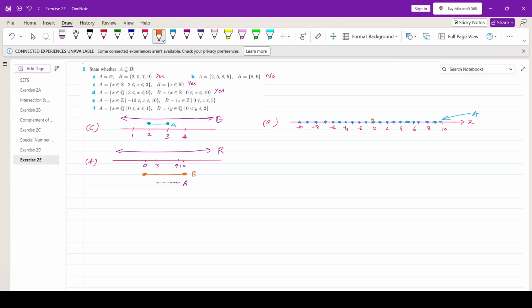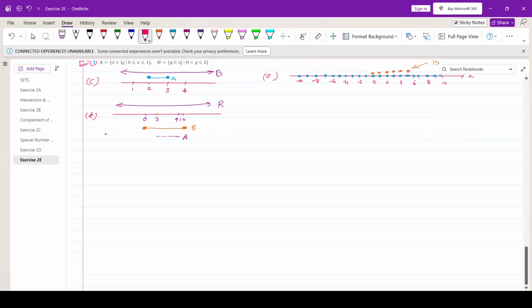So 0 to 5: 0, 1, 2, 3, 4, and 5. This is set B. Is set A a subset of set B? No, rather B is a subset of A. So in this case, the answer will be no. Similarly, part F is your homework. Let's move on to the next question.